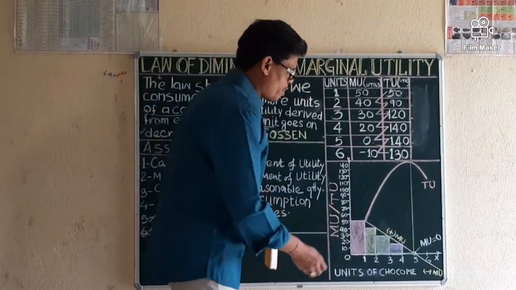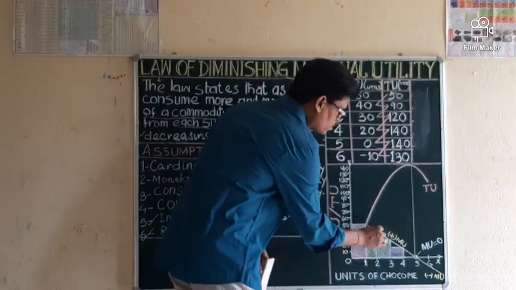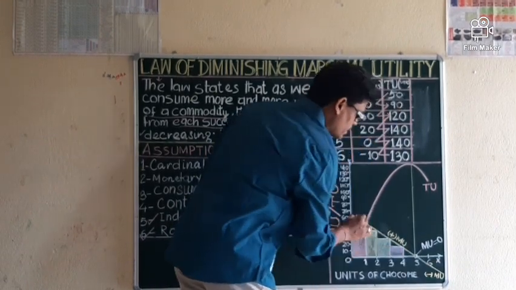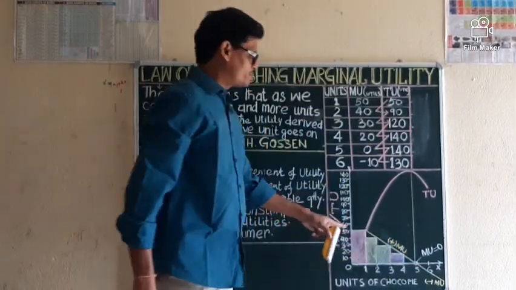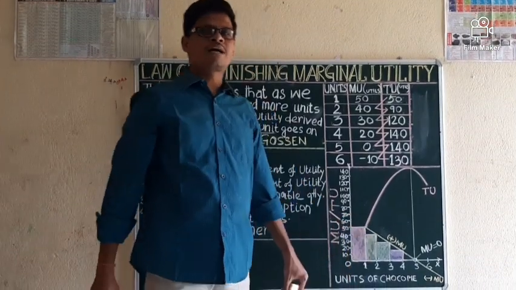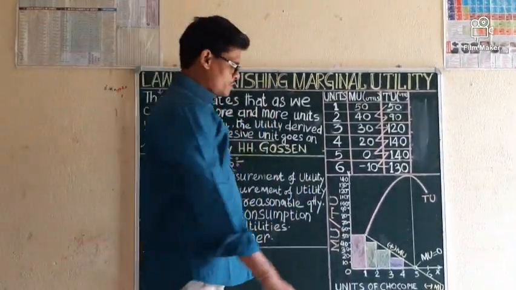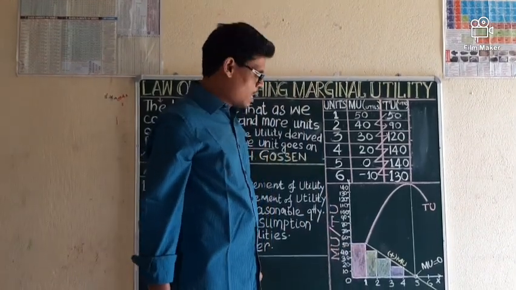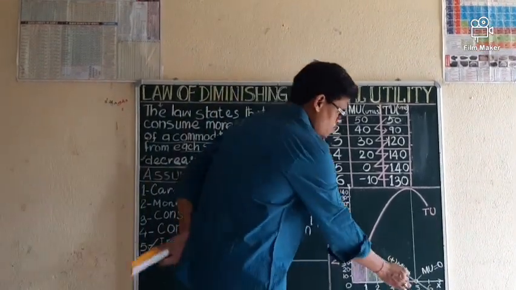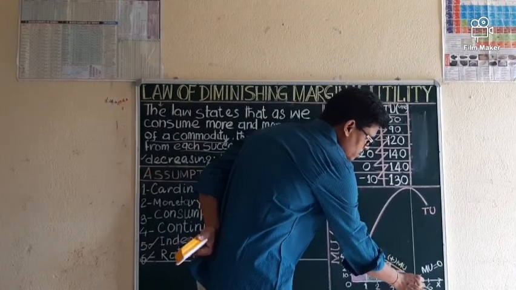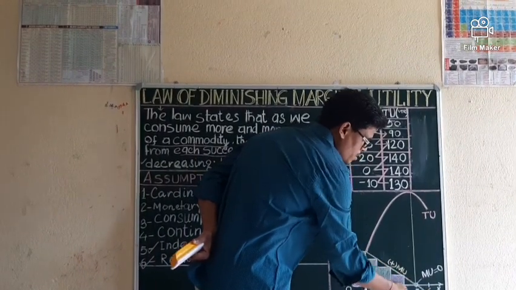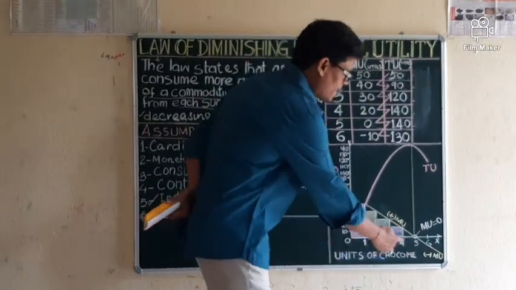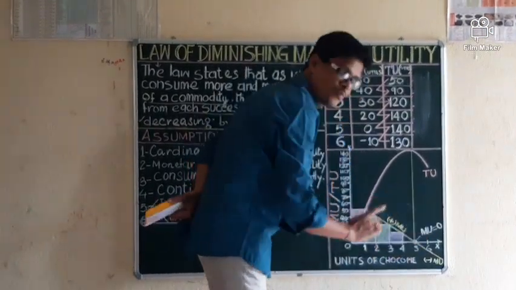So if we join all these points on the rectangles, then we get a yellow color line. This curve is our marginal utility curve. Now, this marginal utility curve intersects the x-axis at the fifth unit of consumption, where marginal utility is equal to 0.